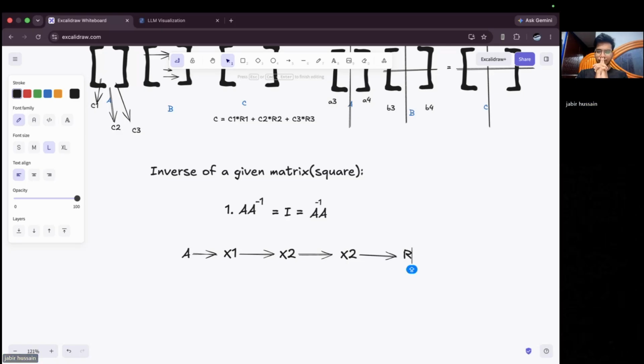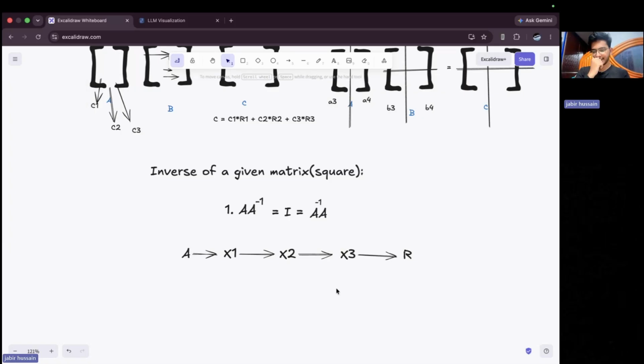And I want you to really, really hear what I'm saying. In this process, when I'm doing different operations, I might add, I might subtract, I might multiply. And I want you to tell me this: when I add, will the dimensions change?